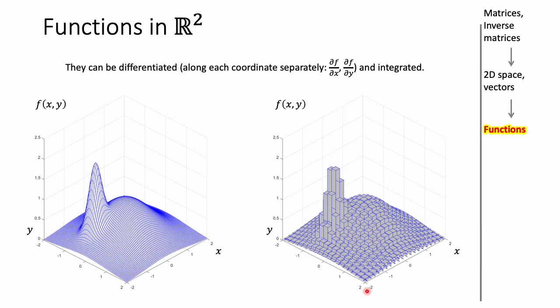If all the regularity constraints that we discussed in the previous lecture hold, so that the limit of this operation doesn't depend on the actual splitting of the plane into facets and actual choice of the particular points within each facet to compute the constant value of the function in it, then the function is called integrable, and the integral is essentially just the volume between the surface defined by the function and the coordinate plane, the same way as in the one-dimensional space.